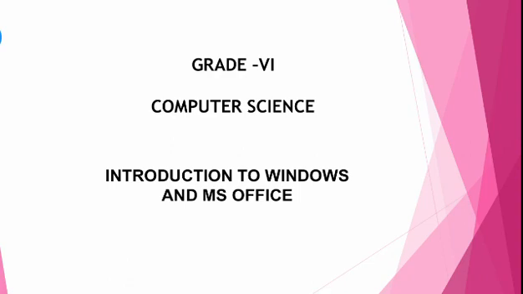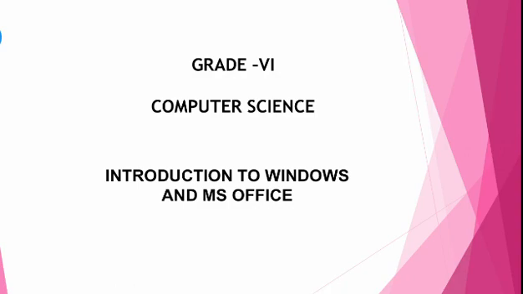Good. So the first topic that we are going to see in grade 6 computer science is Introduction to Windows and MS Office. In the previous grade itself you would have read about some interesting topics on computers: what the applications are, how to use them, and how to make drawings, images, or whatever it may be.